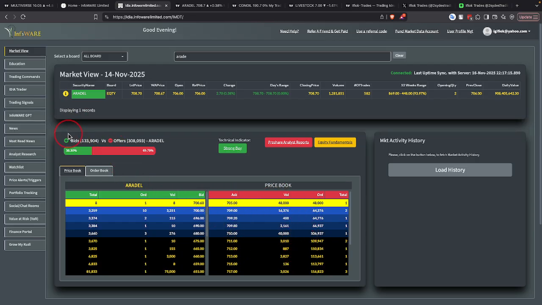These are the prices they are offering at over here, and these are the volumes they are willing to sell depending on the price. And then the bids are the people that don't have any Aradel but are willing to buy it at a particular price that they want. Okay, I hope that's understandable.